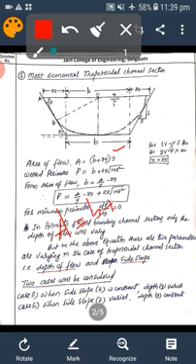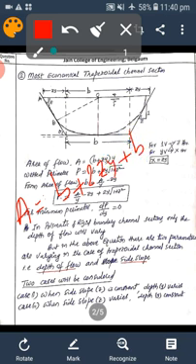So the area of the trapezium A equals (B plus 2ZY plus B) divided by 2, into Y, the depth of flow.